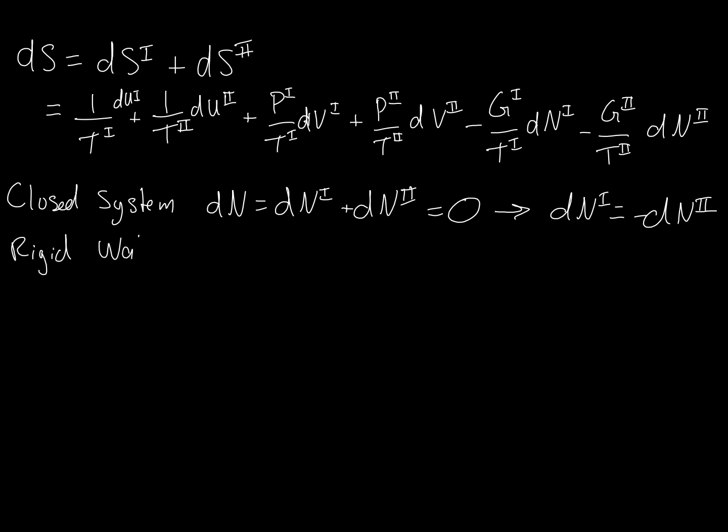We have rigid walls. That means dv is equal to 0. Same that, so dv1 is equal to minus dv2.